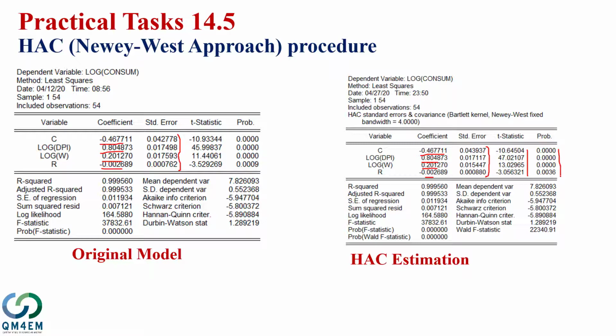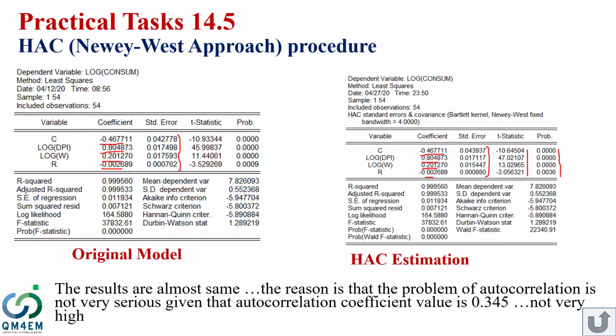So to conclude this whole discussion, the results across the original model and the HAC estimation show a similar kind of output, which suggests that the autocorrelation was not very serious. And the autocorrelation coefficient value was 0.345, which was not very high.